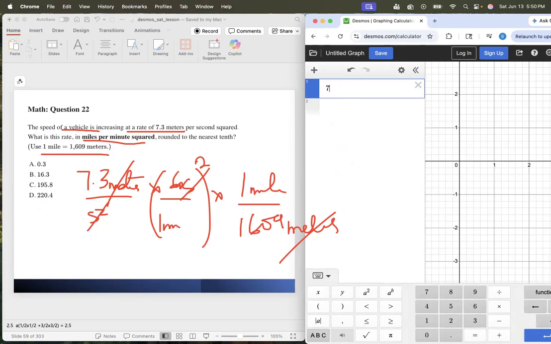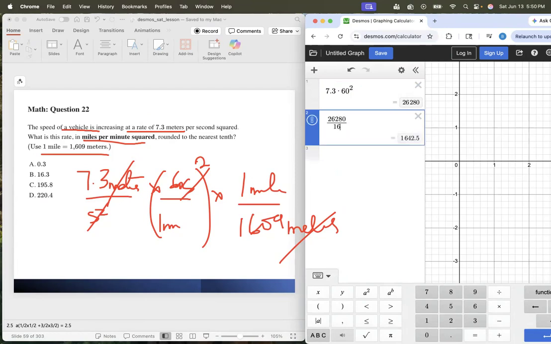We have 7.3 times 60 square, and therefore 26,280 divided by 1609. And I give you 16.3, and that's B.